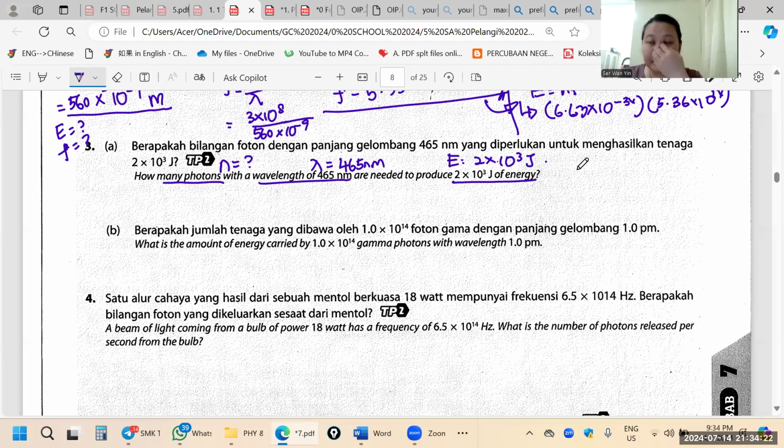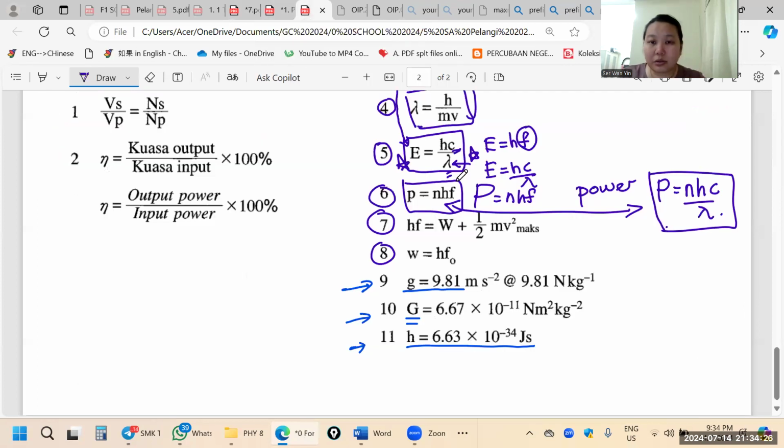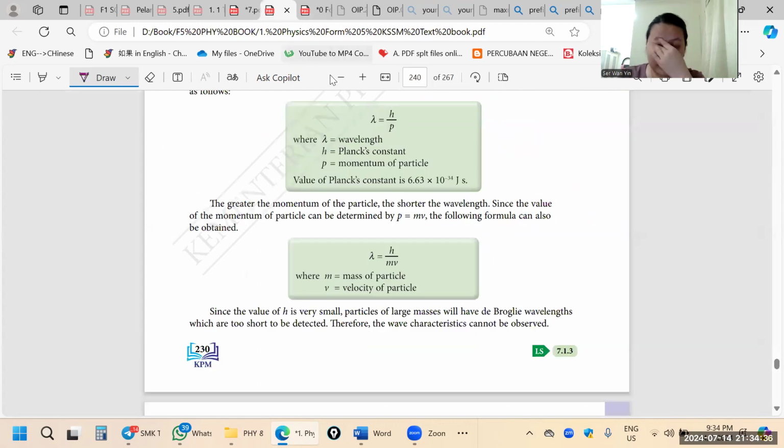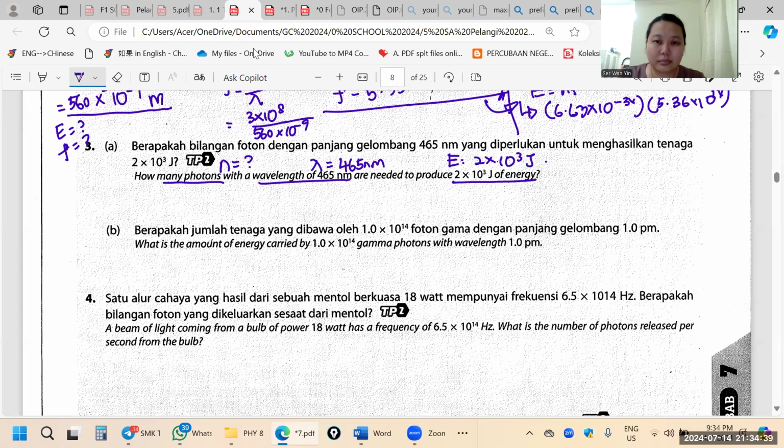What do you think? Can use E equals to hc over lambda.